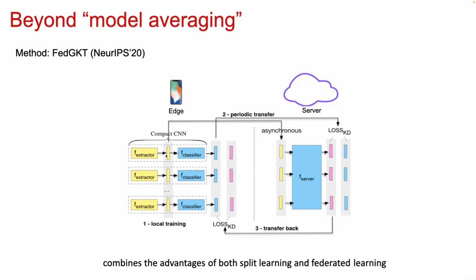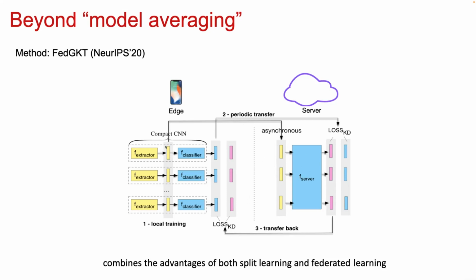Okay, so what you want to do is to transfer the knowledge of the extractor to the server so that the server can train a very good large scale classifier. So how can you do that? You can do it as a forward knowledge transfer from these students to the teacher via a knowledge distillation loss. So what would it mean?